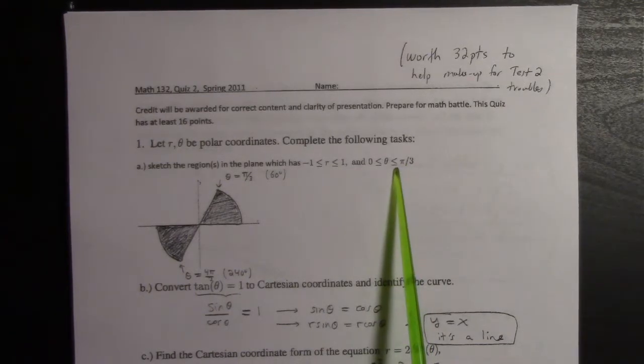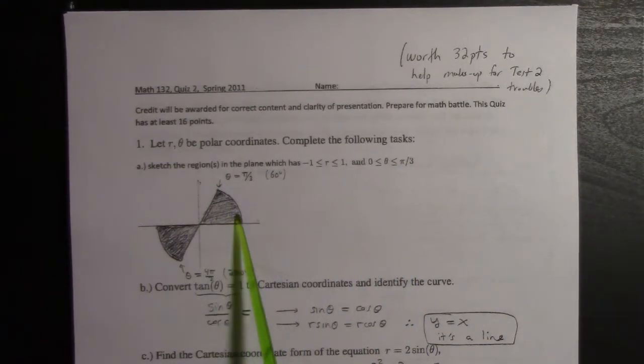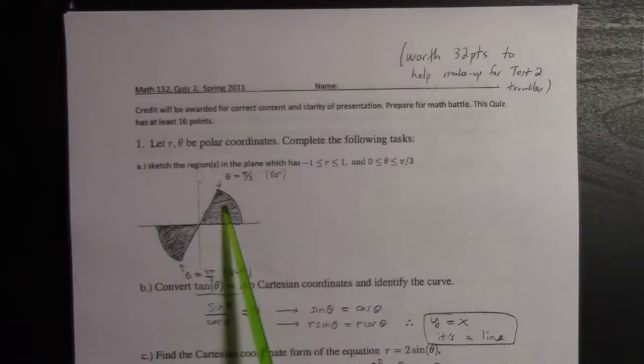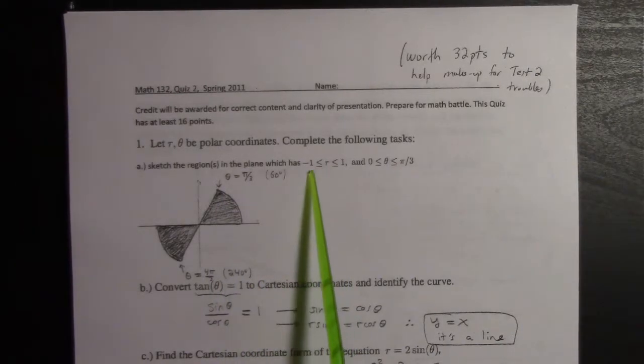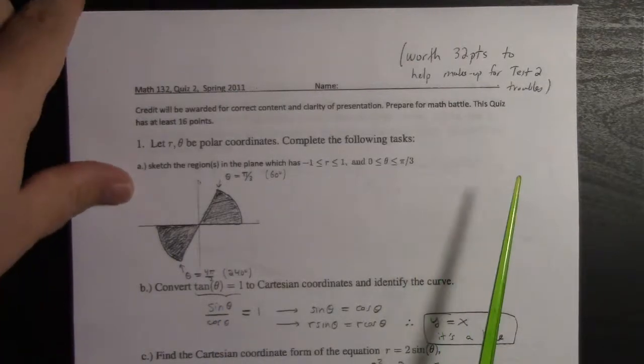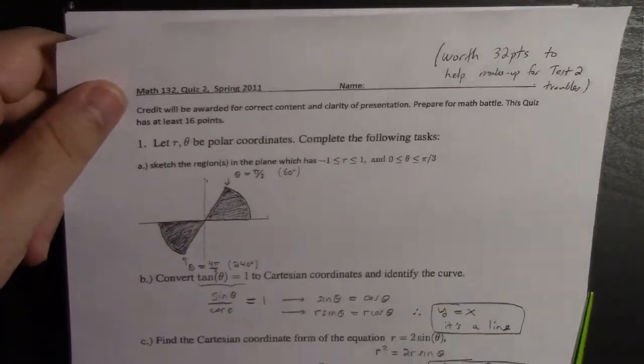So 0 to pi over 3 is this, and if we had just 0 less than r less than 1, it would just be this, right? But since we also allow 0 to -1, that flips us over to here for the negative r's.